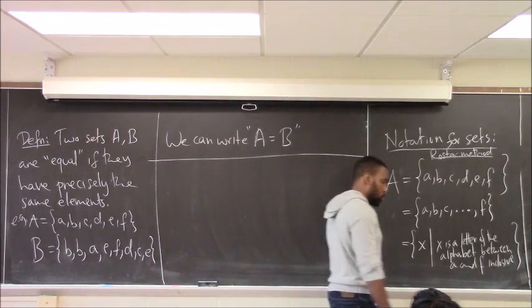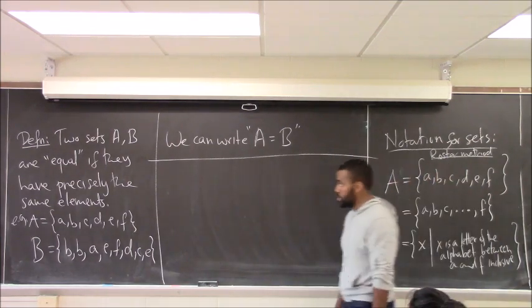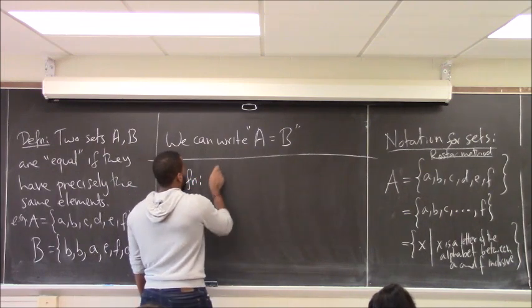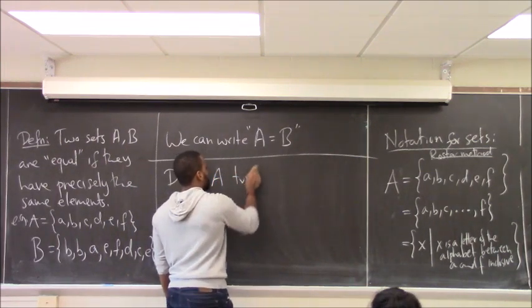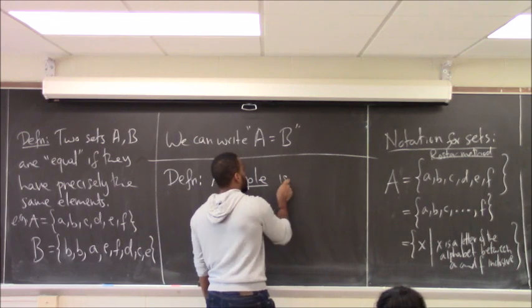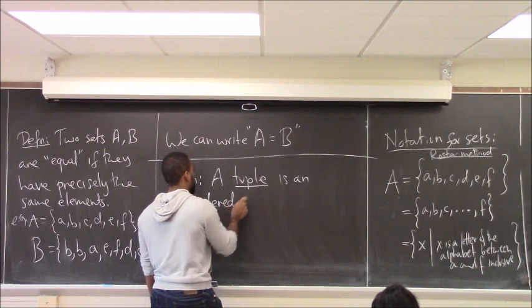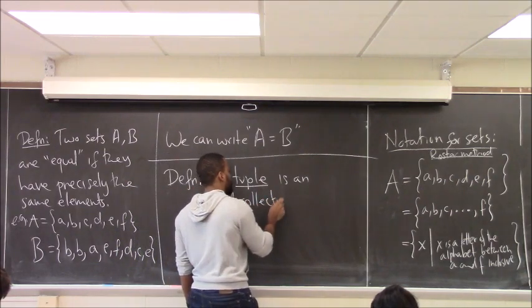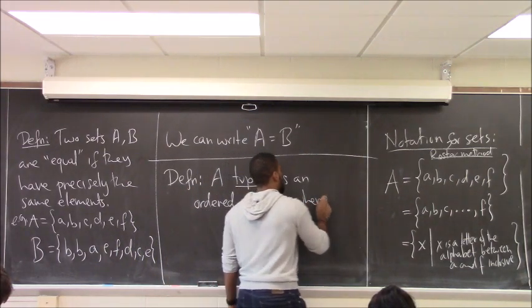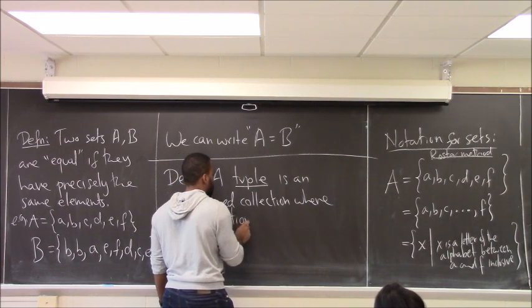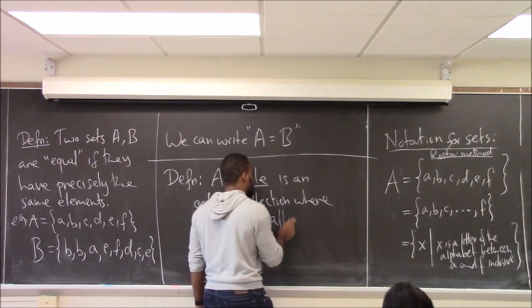What if we do care about order and repetition? There's another kind of object that we can use. A tuple is an ordered collection where repetition is allowed.